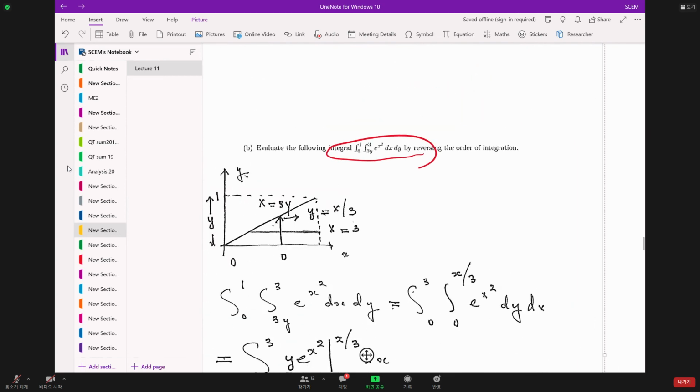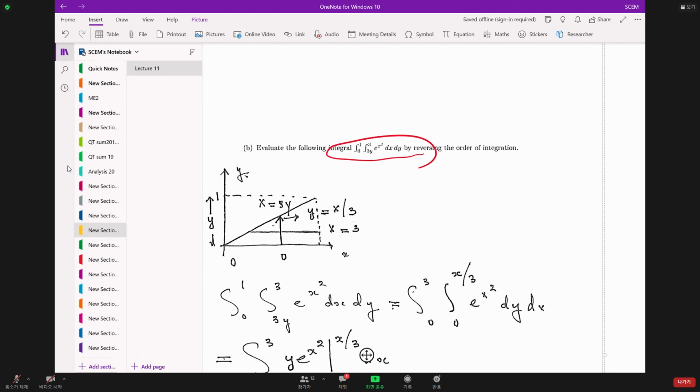Look, if you try to integrate this as it is, it's virtually impossible. But you can integrate this by reversing the order of integration. First of all, I drew this picture out.